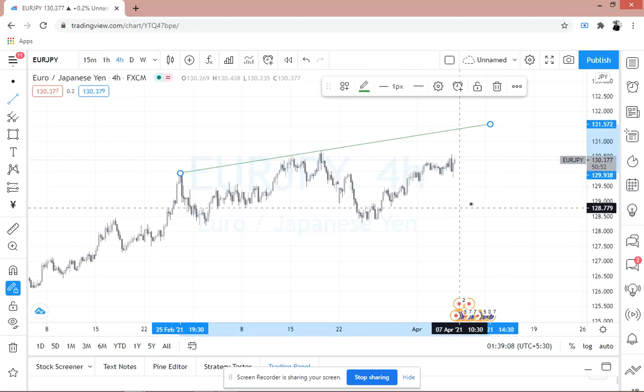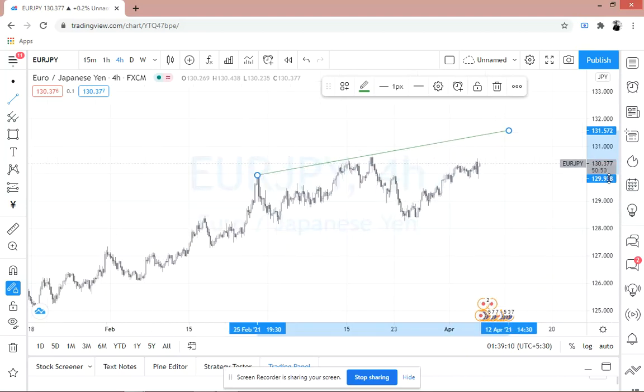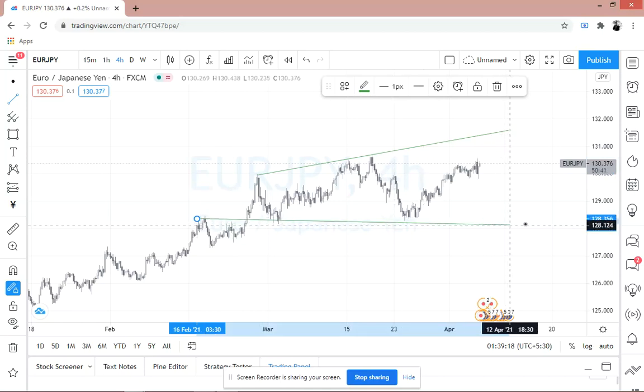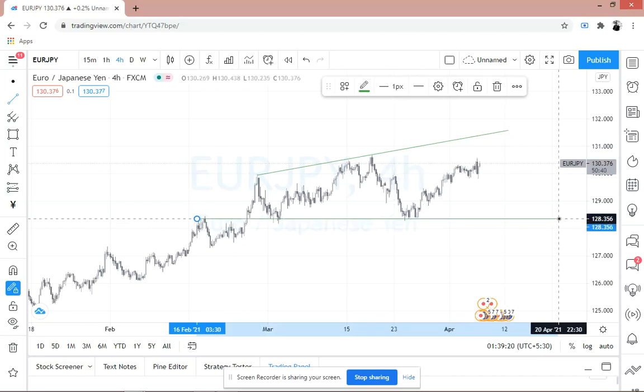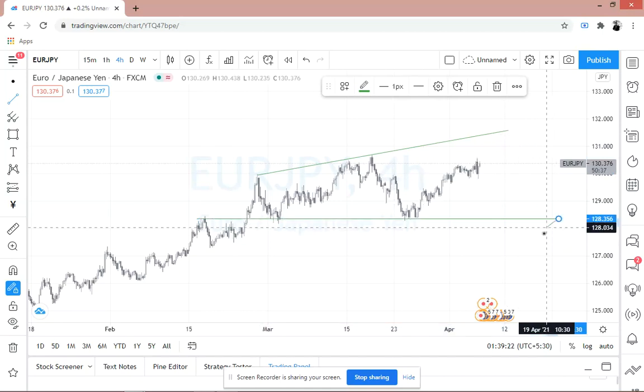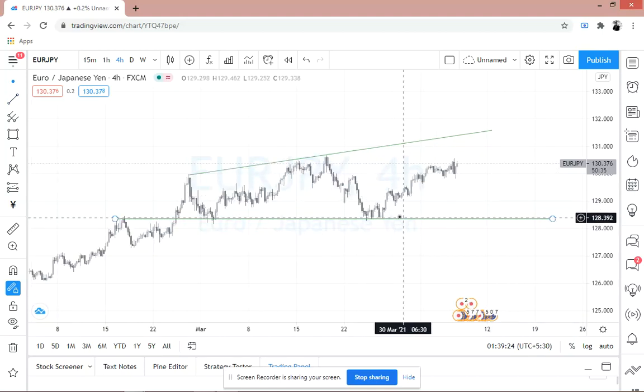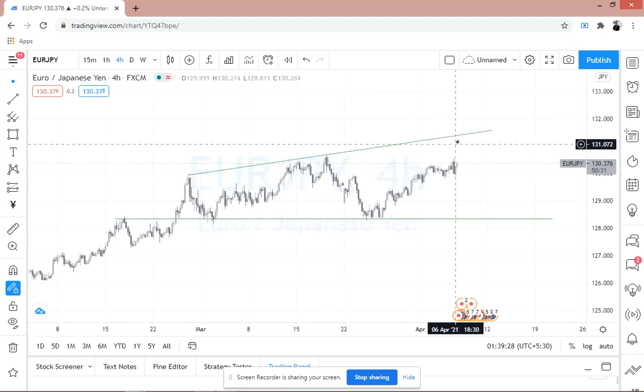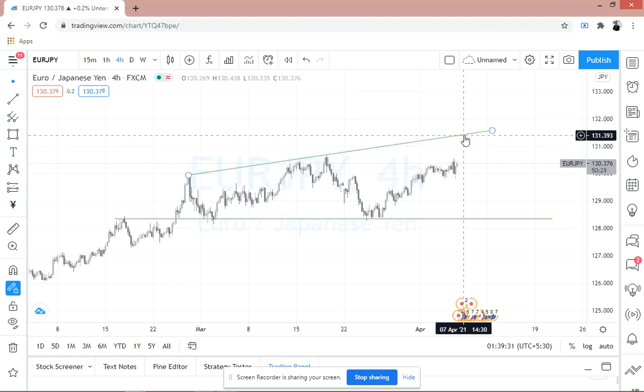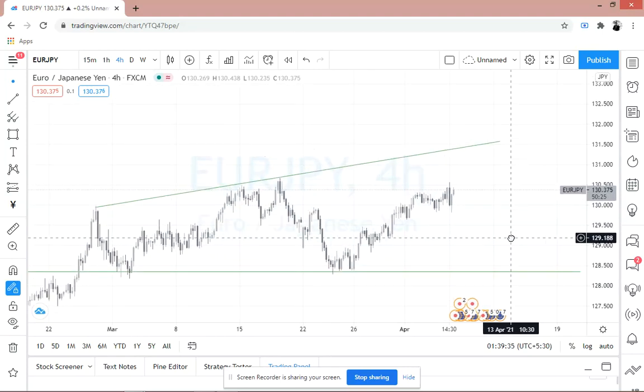The market made support, resistance here, support, then we should start looking for a buy opportunity at this level. So where should we look for a buy opportunity?